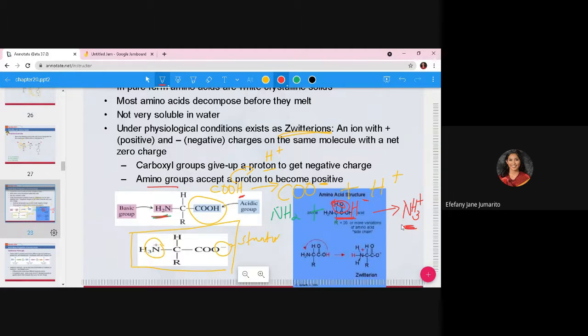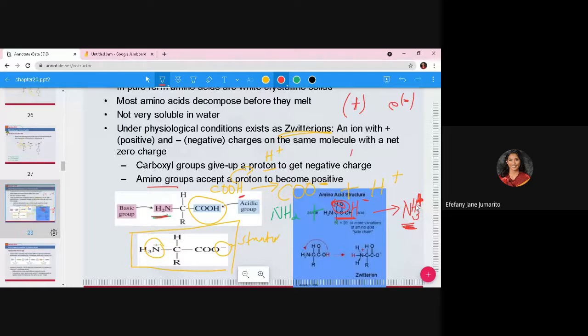Because the protons dominate, and we know that protons have a positive charge while electrons have a negative charge. Because it accepted a proton, there are more protons, so there is more plus. That's why the charge there is positive.